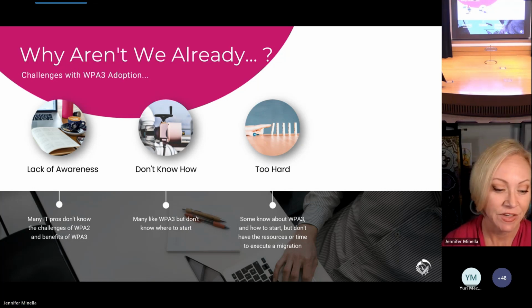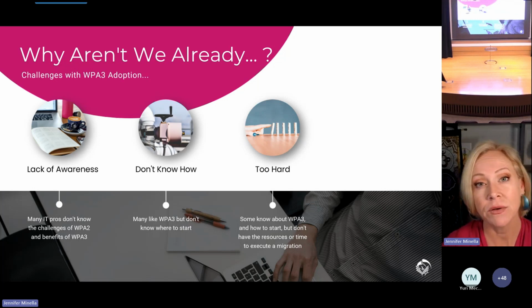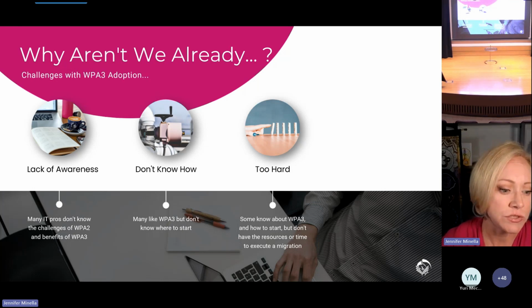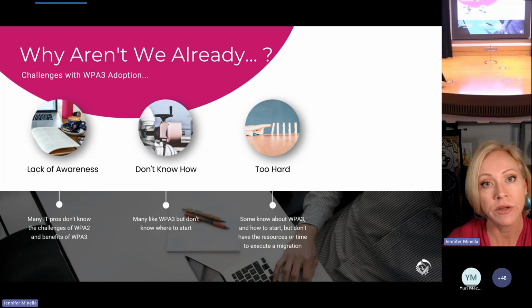Like we're managing the Wi-Fi, but we might also be escalation for support and help desk for end users, or all of the weird IoT things and the printers and the phones and anything that has an IP address, even if it's a connected vending machine or a toaster. So sometimes it's hard. We know that there are going to be challenges and we just don't have any more hours in the day to deal with it.